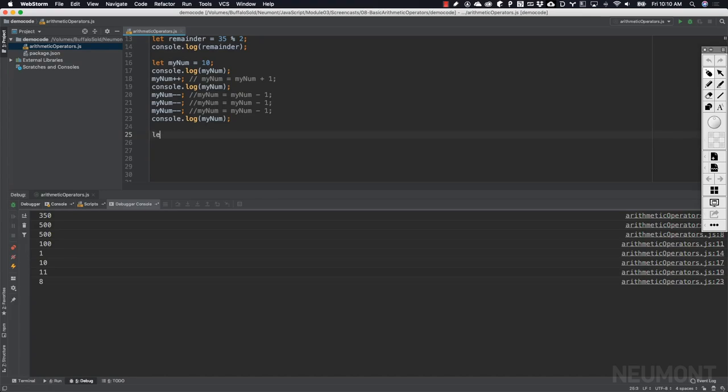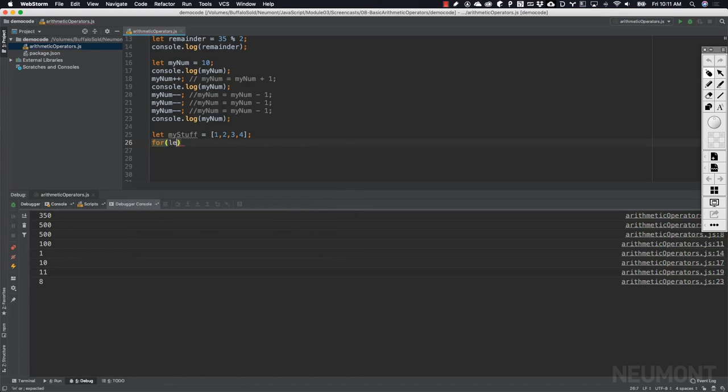So let my stuff equal an array. Let's say that this array has some values in it. You're going to see it so that you've got some sort of loop going on here. Let's do a for loop.